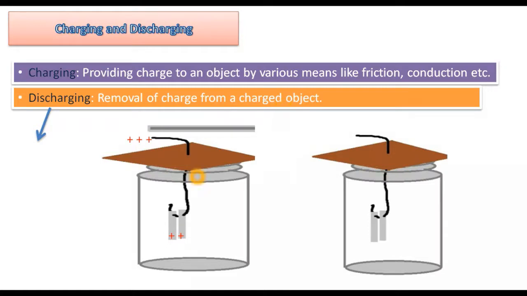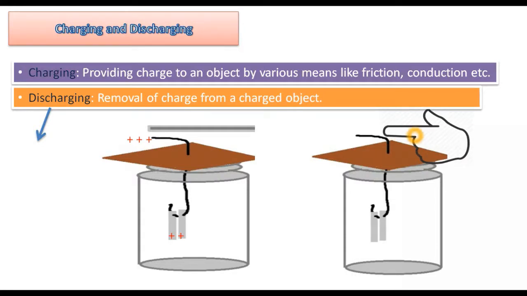Now, once these objects are charged, they carry charge. How do you remove the charge from them? Let's take an example to understand this. Suppose instead of this charged object, let's touch the wire with your finger. Then what happens?